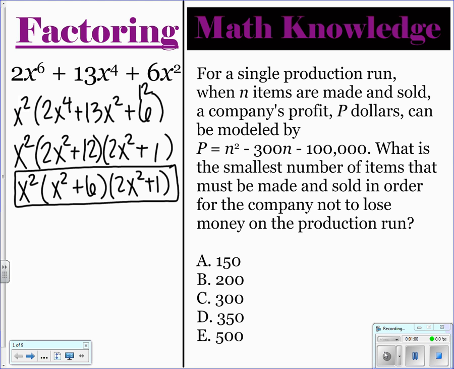And so if you plug in 150, you should get negative 122,500. If you plug in 200, you should get negative 120,000.